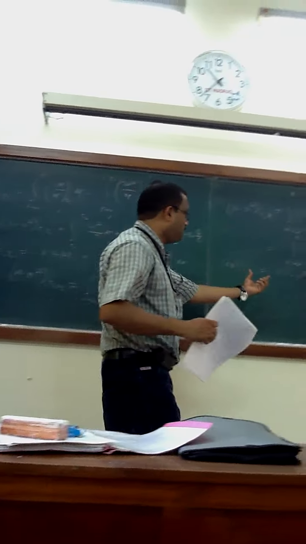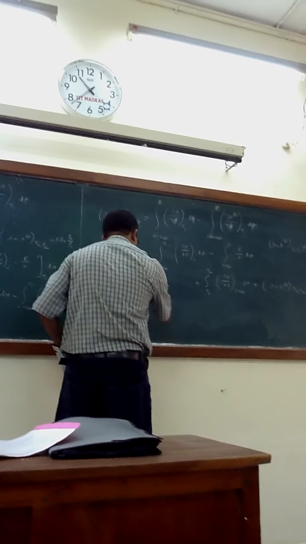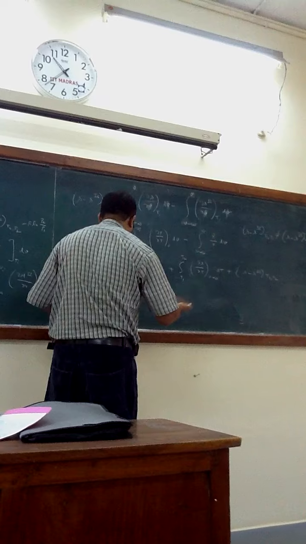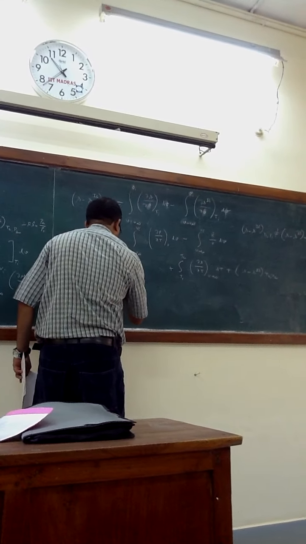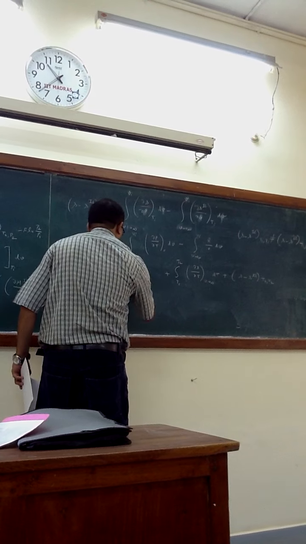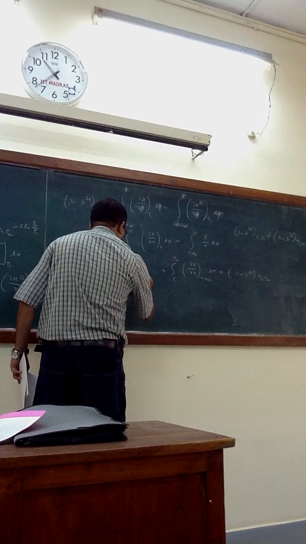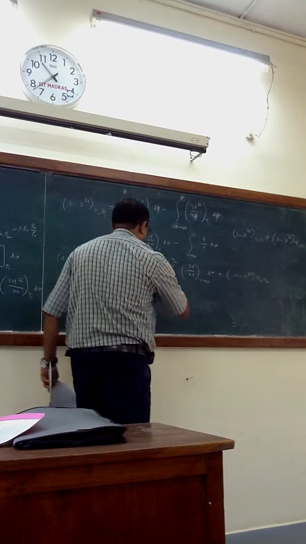How did this term come? Before that, I think I have to write everything in detail because you have no time to study. So I will help you if you don't have time to study. Dou S by dou V T1 dV.